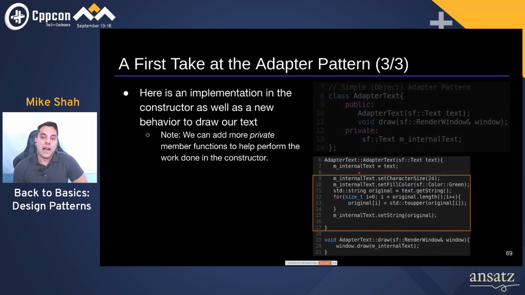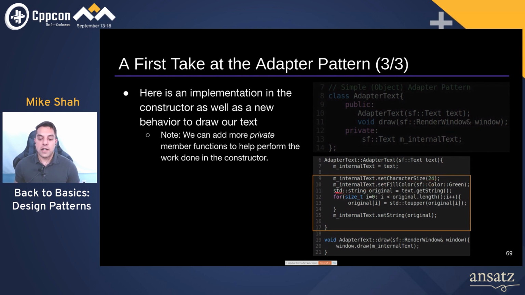Okay, so here's an implementation of our constructor, as well as a new behavior that we need. Looking at this second block of code, I've read in my internal adapter, and then I'm going to do the things that we needed to do in our requirements. Set the character size, set the color.